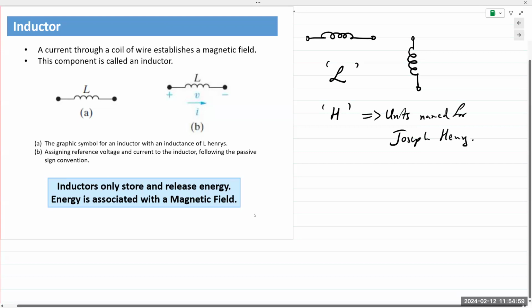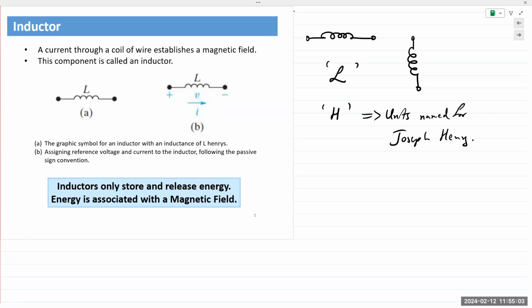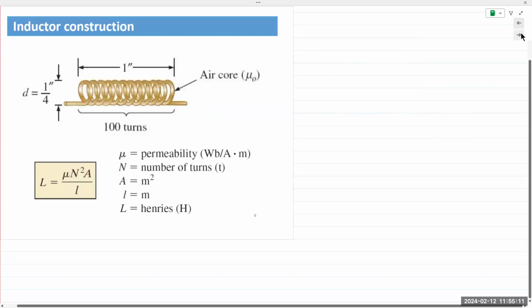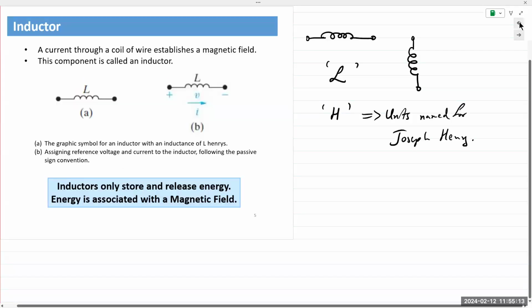Joseph Henry. So again, inductors are passive components. They can only store and release energy, which is associated with the magnetic field. As I said, it's a passive component.